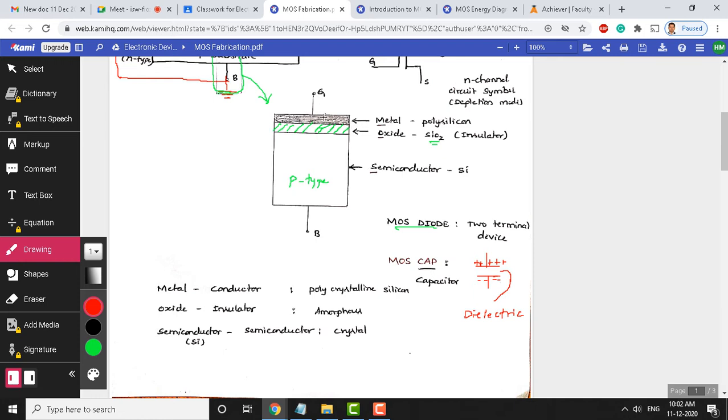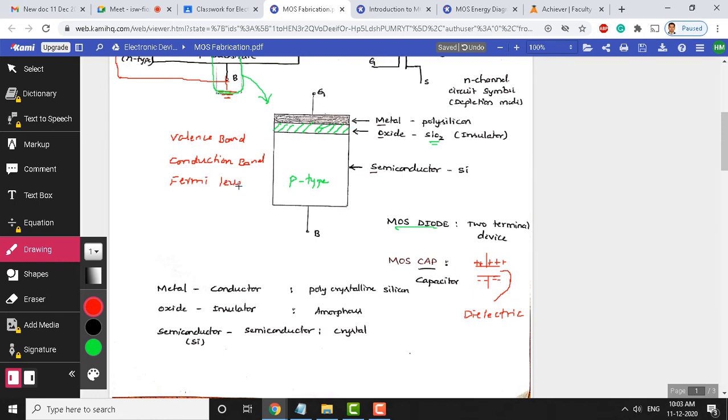Because there is a metal, we know that there are different bands. Try to recap the band structure we have discussed in module 1. So, we need to understand the valence band, and there is a forbidden gap, and there is a conduction band, and you need to understand even the Fermi levels.